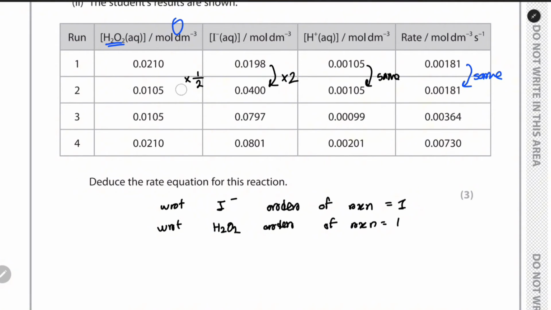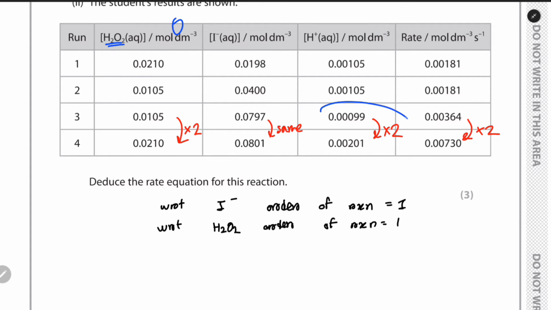Now, if I look between reaction 3 and 4, this is doubled, this is doubled, this is almost the same, and this causes the reaction rate to double. The doubling of the reaction rate is due to H2O2. However, the doubling of H plus does not cause any change.